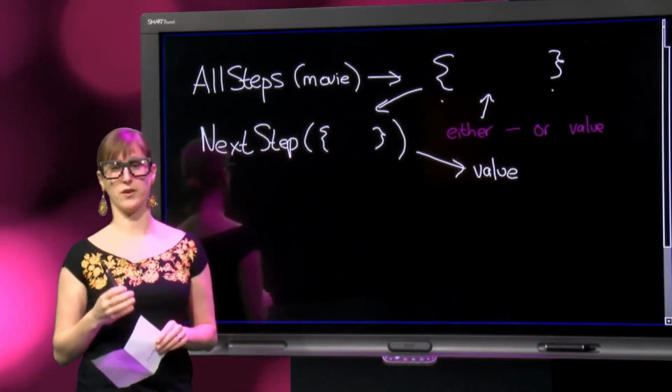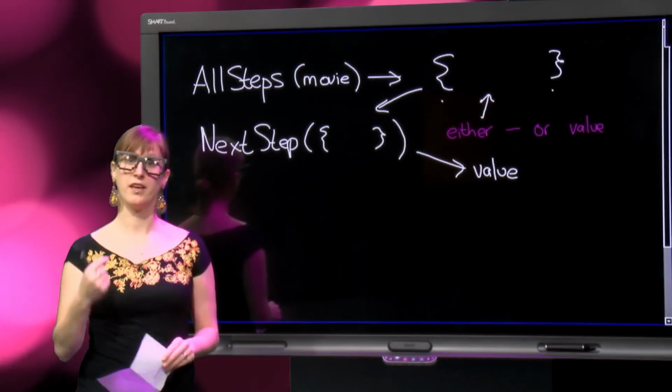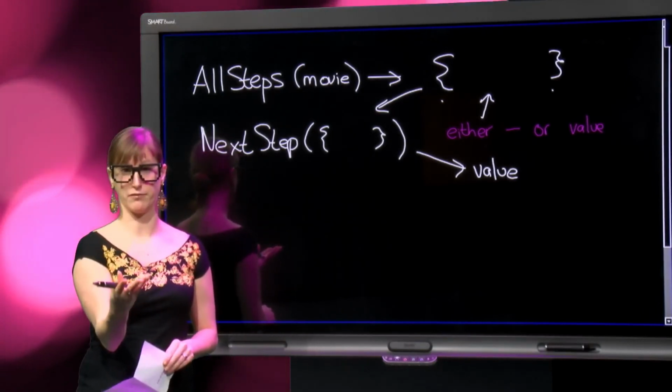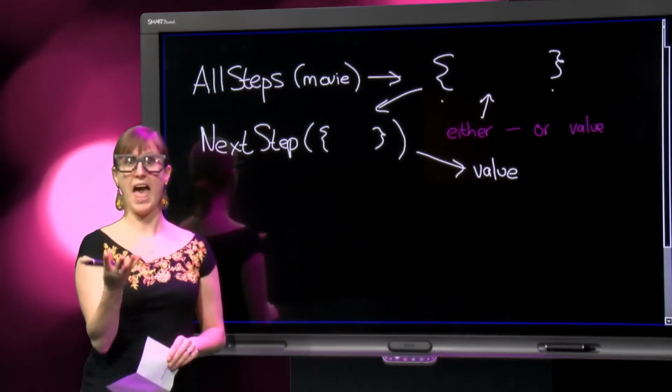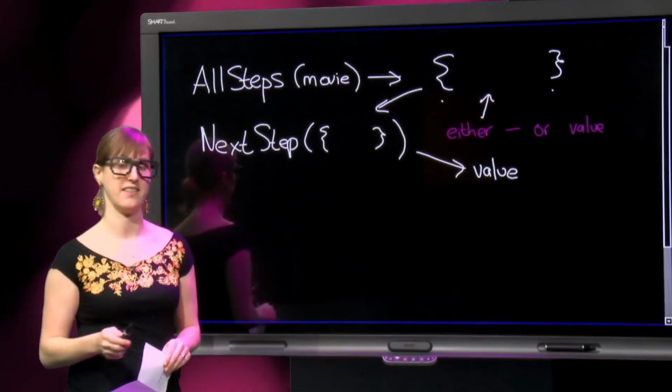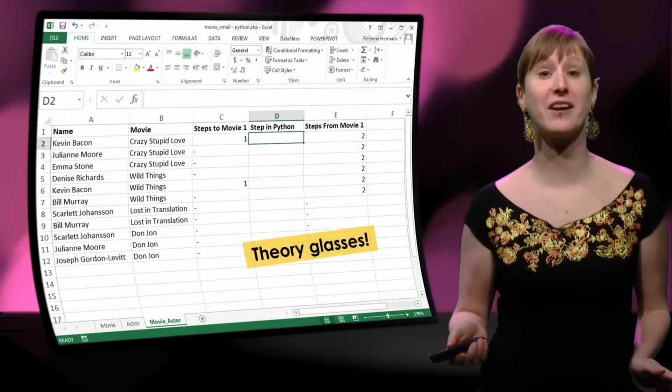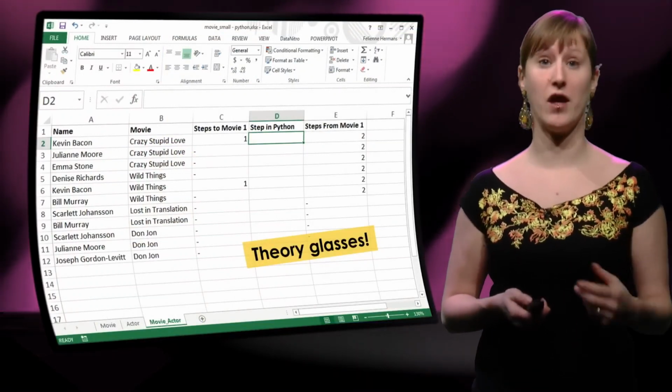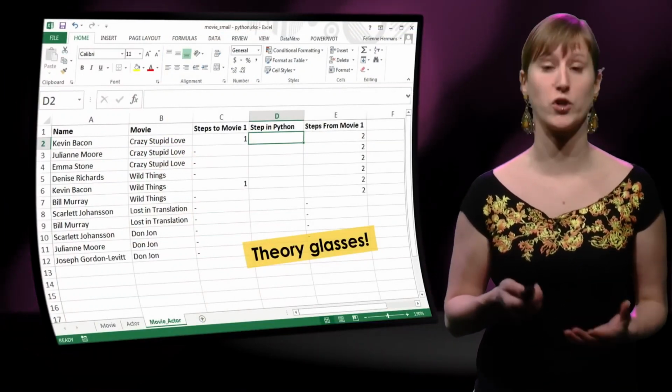So these are the things that we're going to program in Python. Give me a movie and I will give you a list of the Bacon numbers of the actors in it, and give me that list and I will give you the Bacon number of everyone that is in this movie. So we don't need the theory glasses anymore. Let's go back to Excel and have a look at how function defining works in Python.